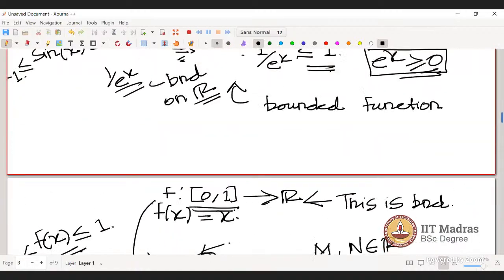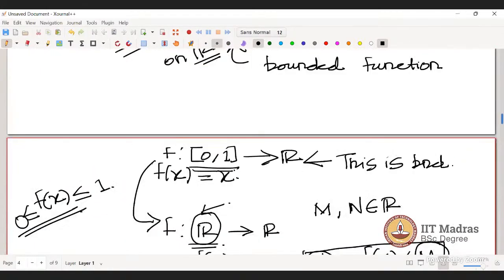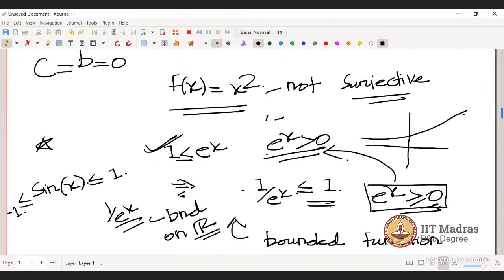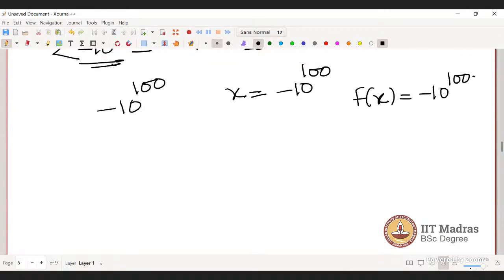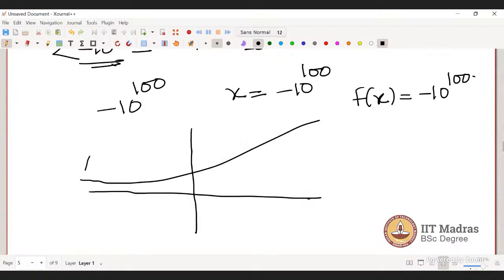My doubt is in 1 by e power x. Can you go once again? What happens when x is negative? Because we checked only x as positive. This is your e power x, right?